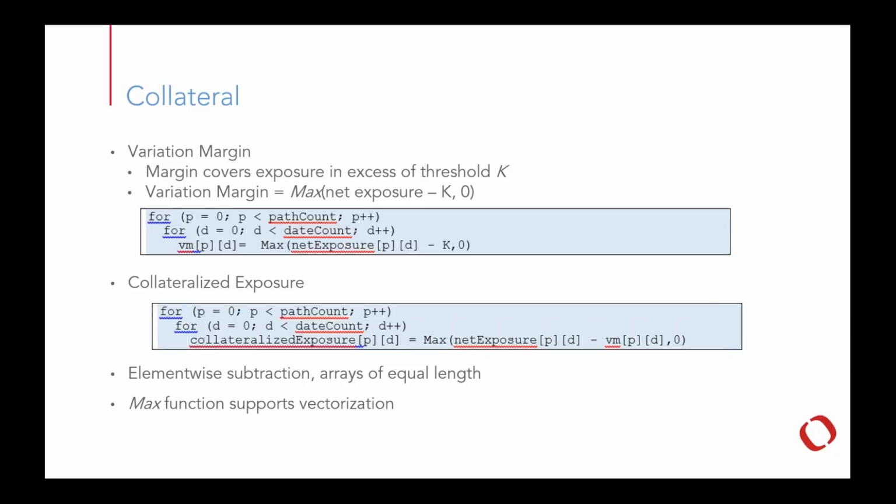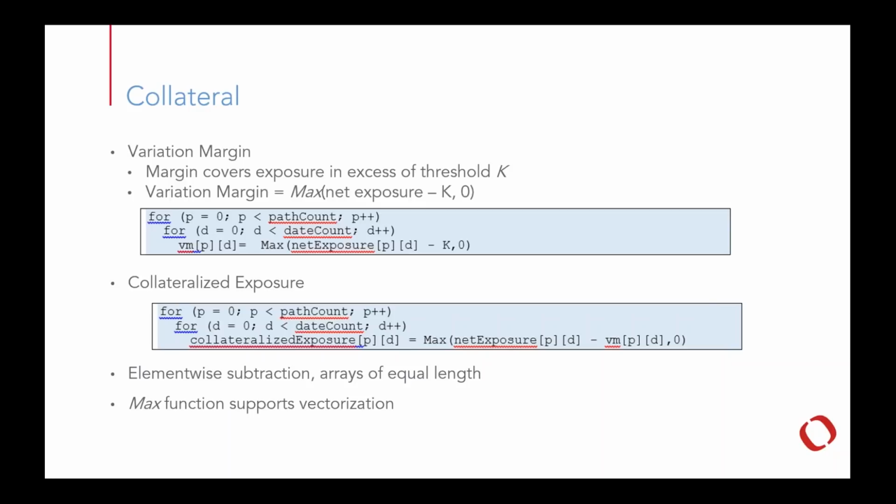Typically your compiler will have that in the compiler library, and the vectorized version is available. So we give a list in the white paper of a bunch of built-in vectorizable functions. So max of net exposure minus K, that operation is going to be perfectly vectorizable. And again, the same process: you probably have a look at the compiler report to see if it had been vectorized. If not, then you can help the compiler with a compiler hint like a pragma SIMD.